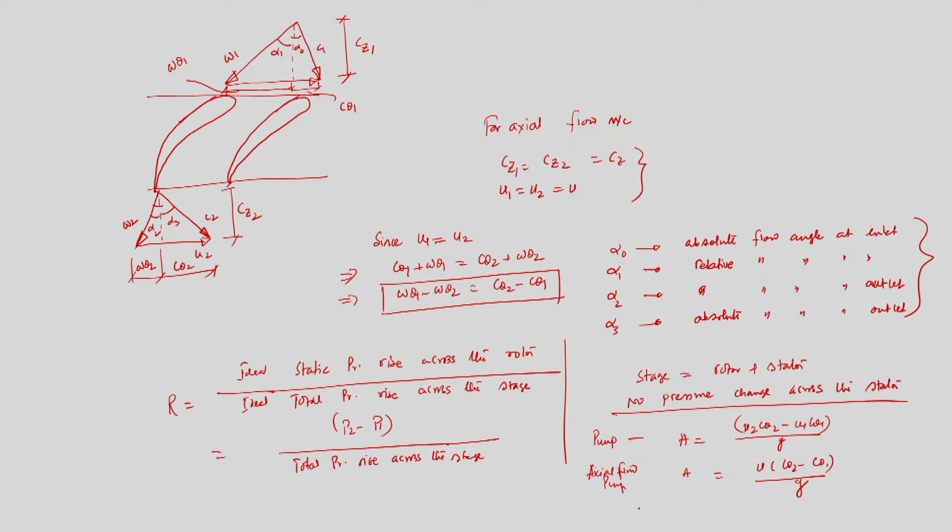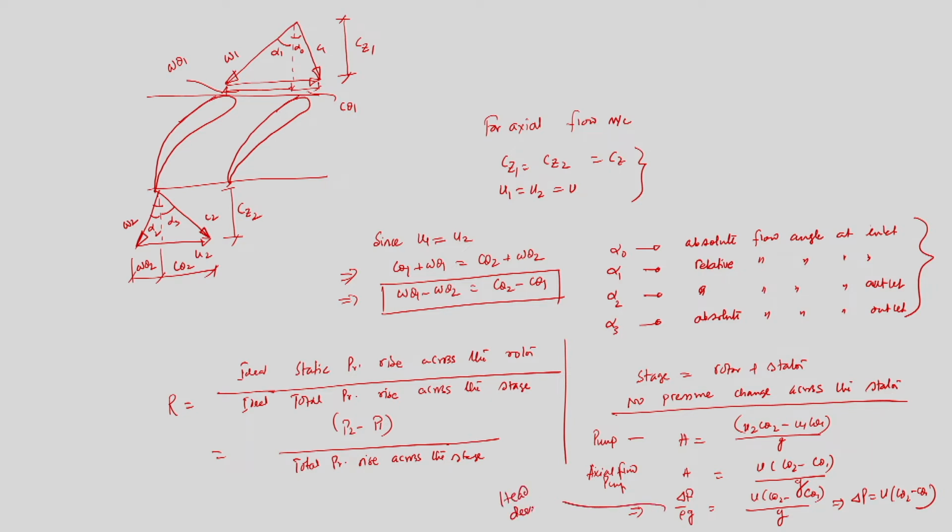Essentially H is equal to delta P by rho g, which is equal to U into C theta 2 minus C theta 1 divided by g. Therefore, delta P is equal to rho U into C theta 2 minus C theta 1. So, delta P by rho g is equal to the head developed.